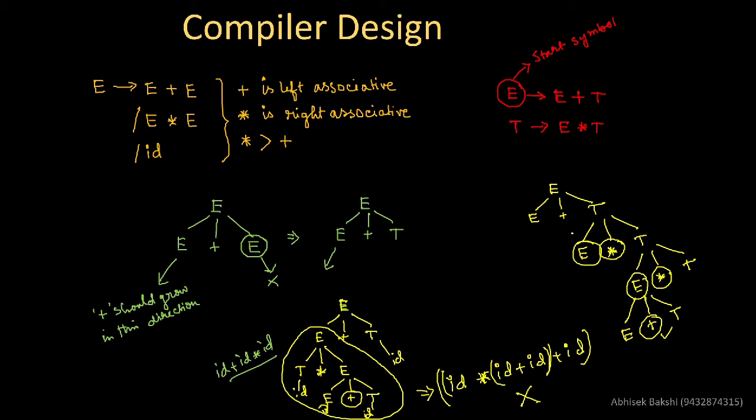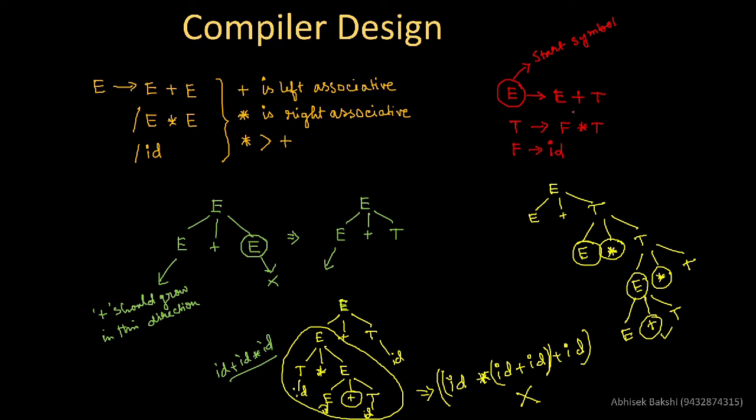That means we have to introduce again a new symbol over here. That is what we call, for example, F, and this F can be, for example, some ID.